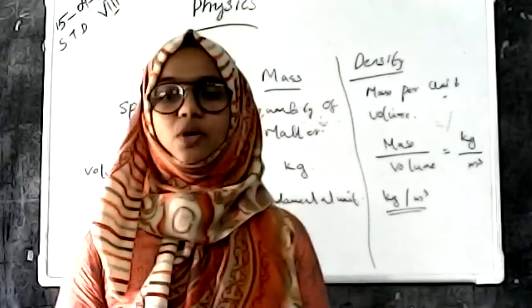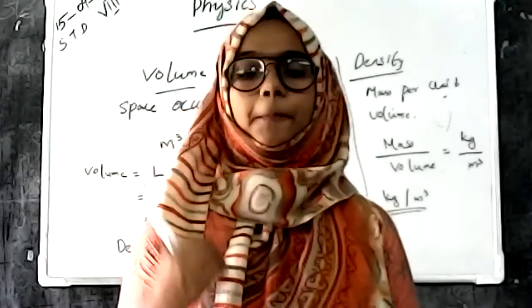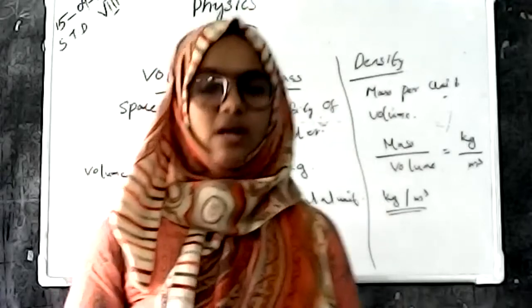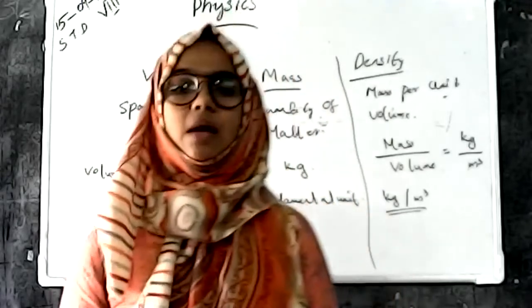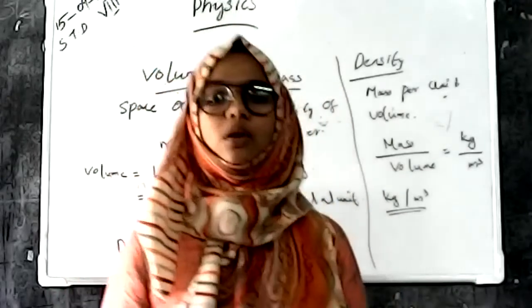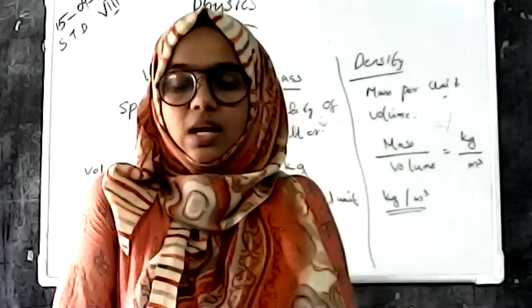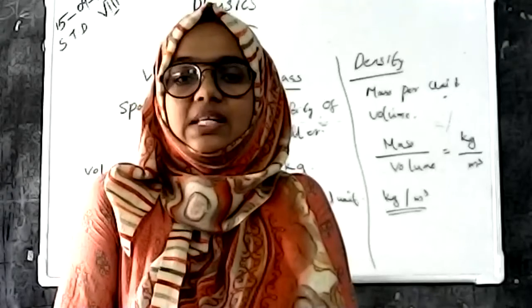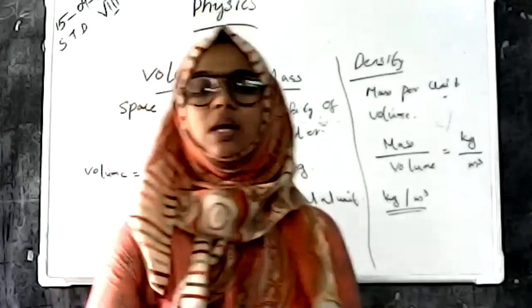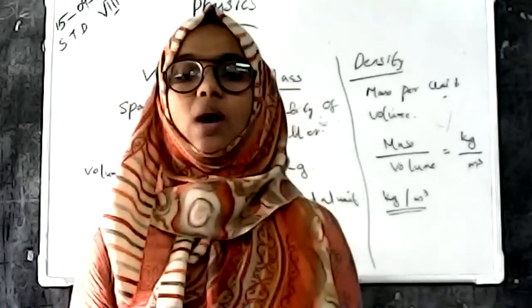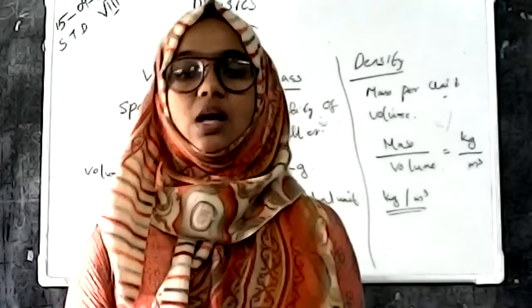And in our textbook, we have seen a picture of a man reading a book in the sea. That is the Dead Sea, and the density of the Dead Sea is very high because the salt content in the water of the Dead Sea is high.